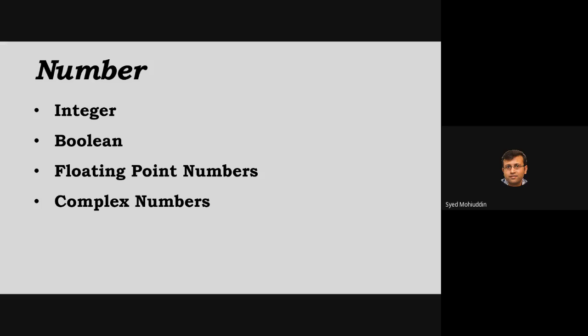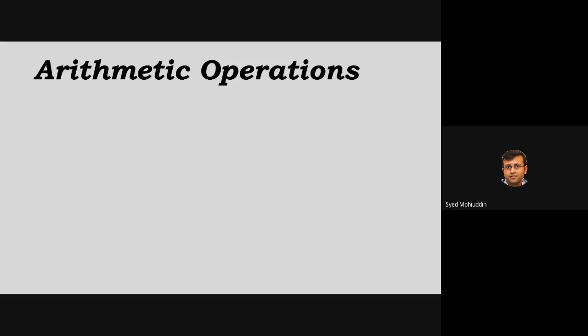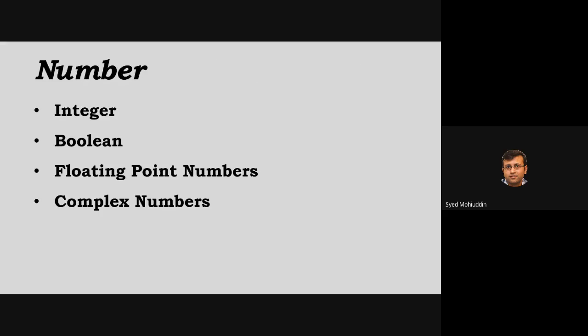Before we move on to the arithmetic operations, let us talk about the Boolean type. Here, the Boolean type is True and False. It is not 0 and 1.